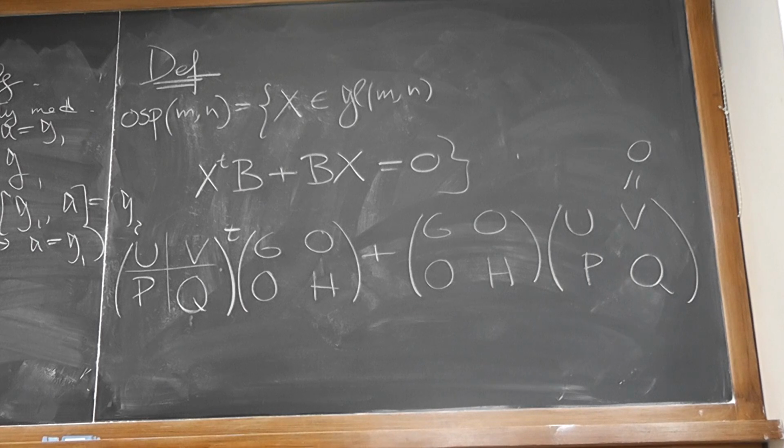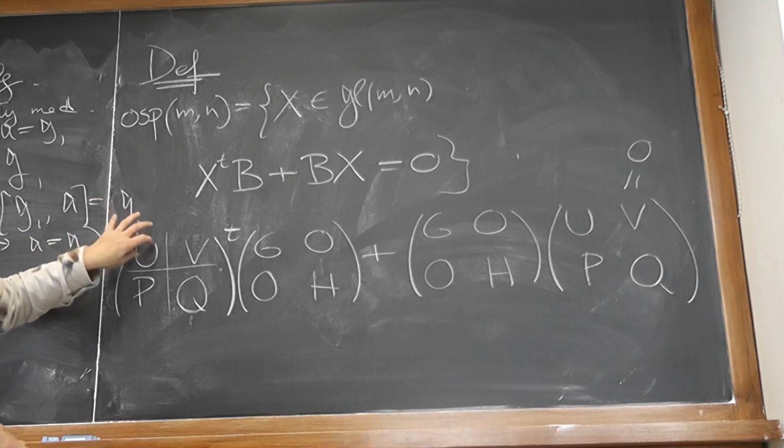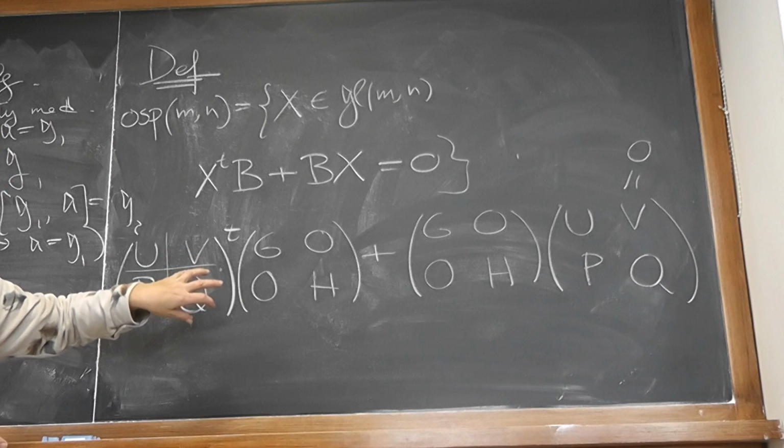Do you see how to do this? Clearly, you already know what conditions should be on U and on Q, right?